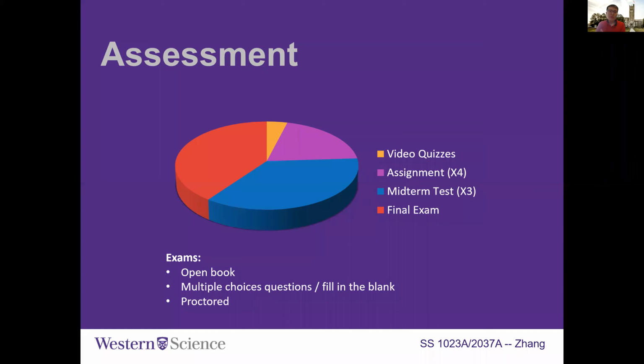For example, the first midterm will cover the first few chapters, and the second midterm won't include the chapters that already appeared in the first midterm. But for the final, it will be mixed, so all of the materials could appear in the final exam. Of course, we will shift more weight to the last few chapters that haven't been covered in any midterm yet.